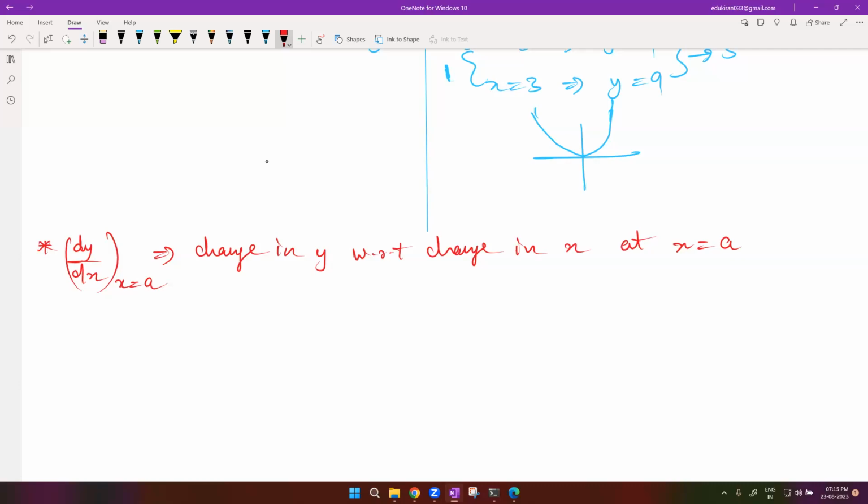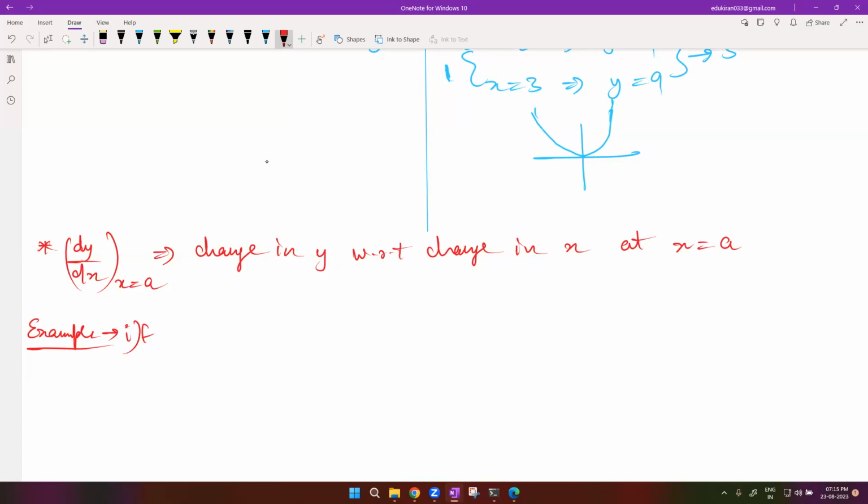So let's start with an example. This is given in your NCERT. Example 1. The example is: find the rate of change of the area. Mostly there will be word problems in this chapter, and things will be based on your basic relationships.